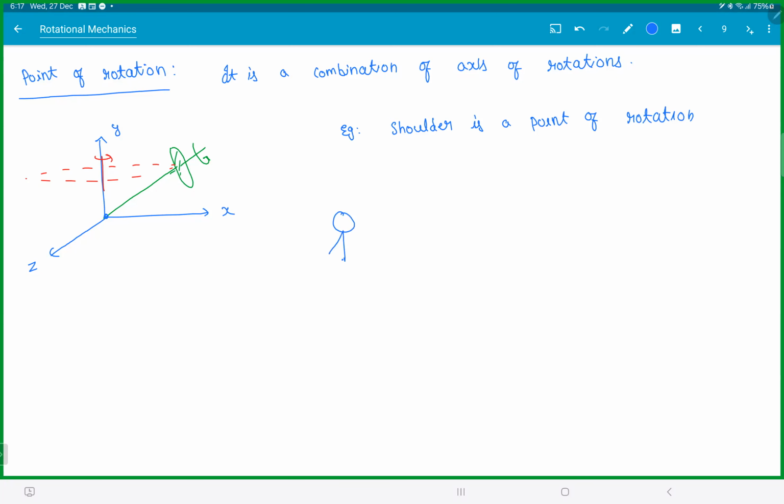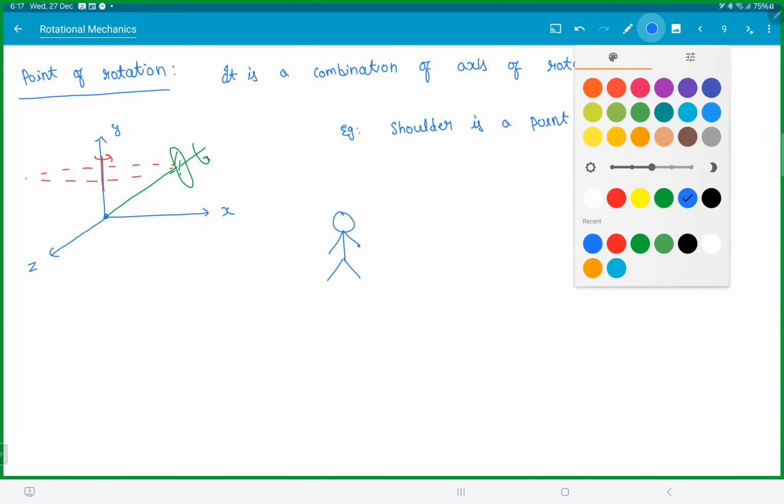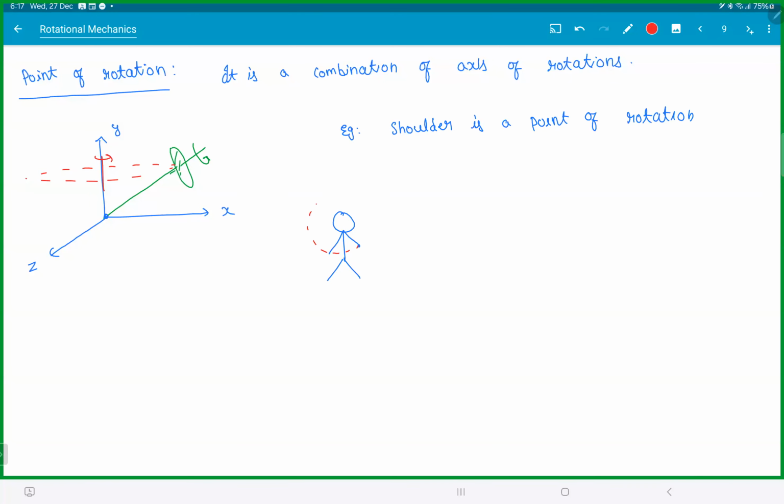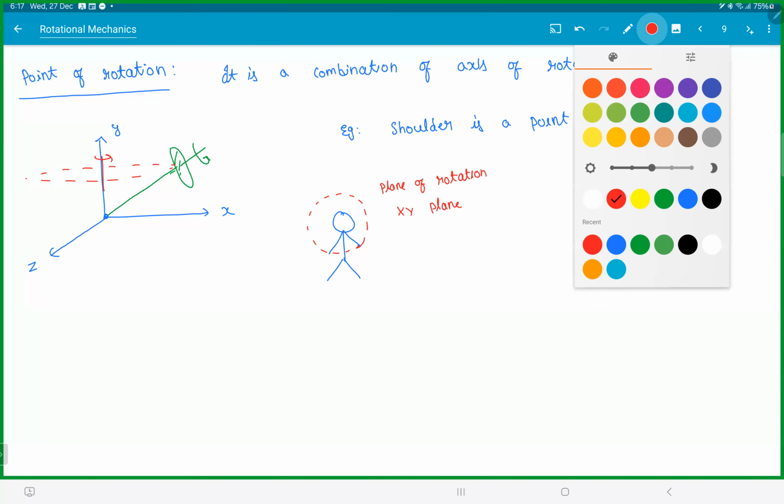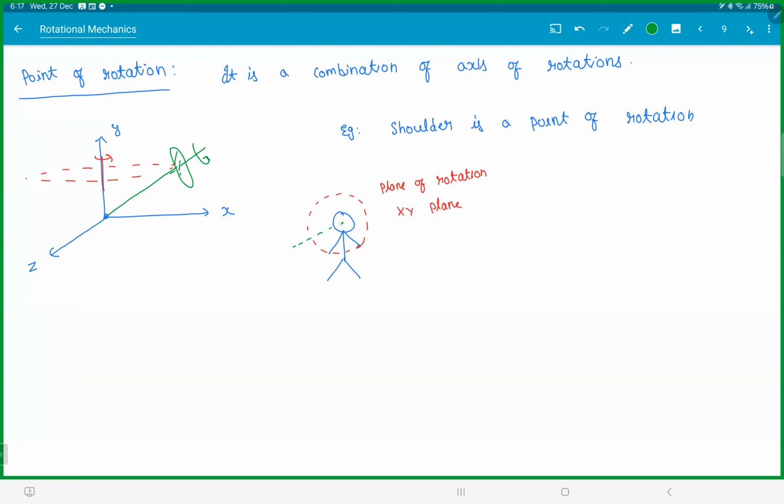If you're standing, and you rotate your hand in front of you, the plane of rotation is the XY plane, whereas the axis of rotation would be into the plane. This is your Z axis. So the Z axis is your axis of rotation.